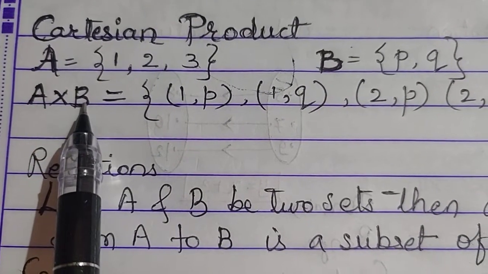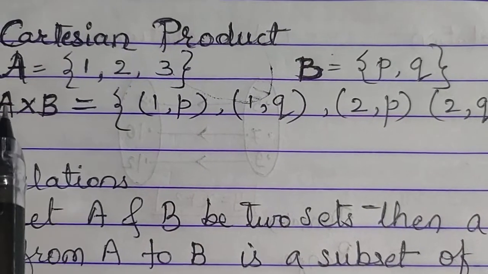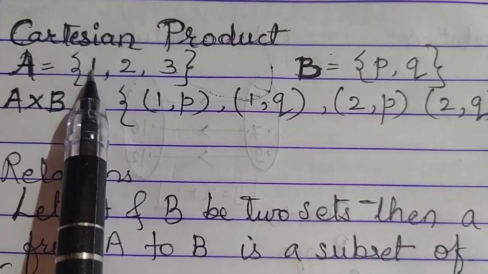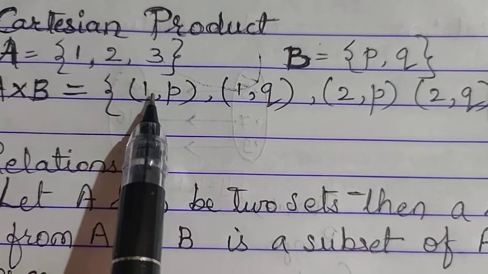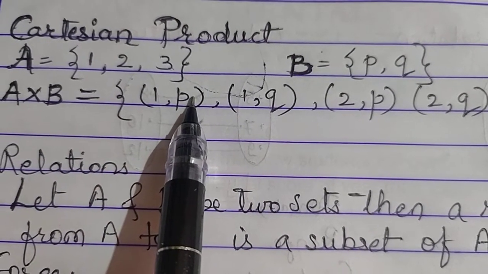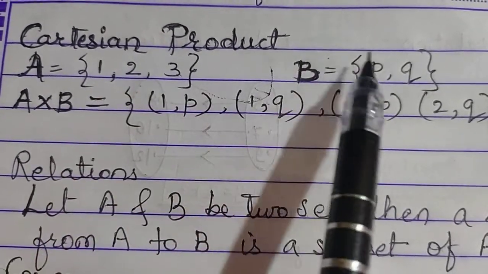And in the Cartesian product, we will write the ordered pairs. How to write the ordered pairs? See, consider the first element of set A, okay, and the first element of set B. So we will write this pair 1p. This is the first element of the Cartesian product, 1p. Then 1q.